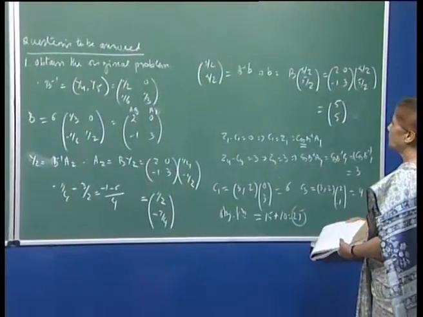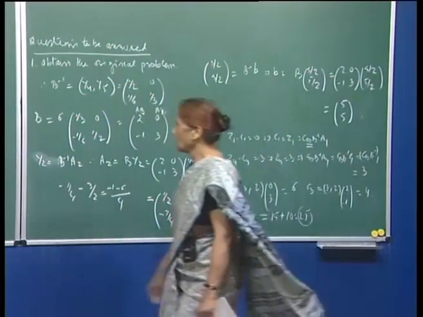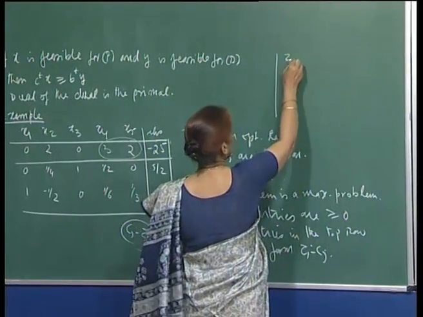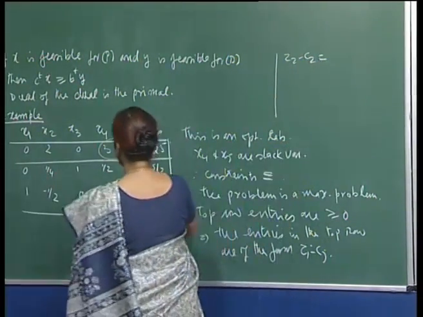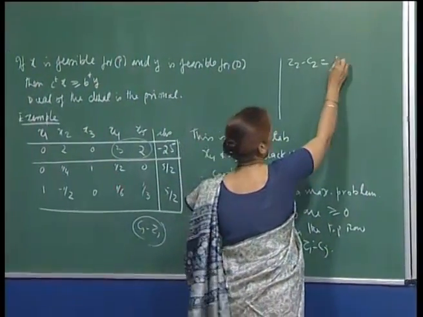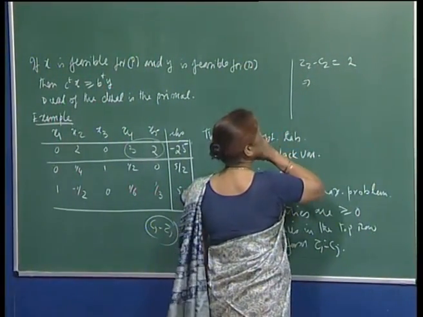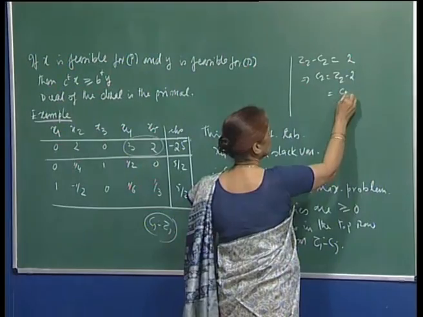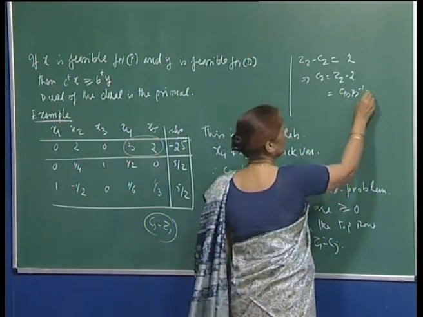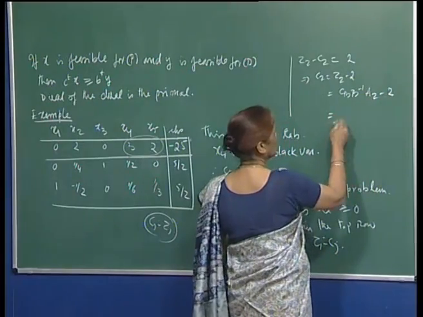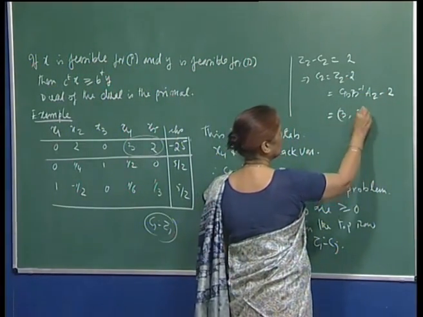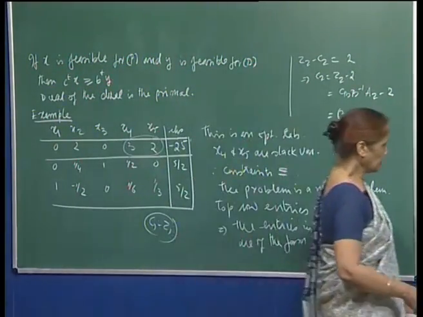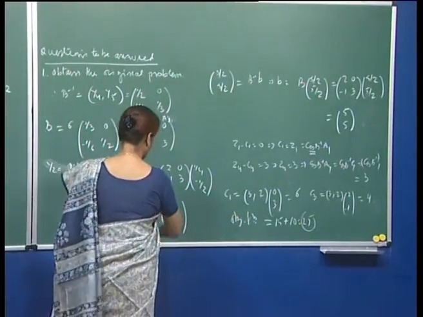Now you need to compute C2, right? We can use this part of the blackboard. Z2 minus C2 is given to you to be 2. So this implies that C2 is equal to Z2 minus 2, and Z2 is CB B inverse A2. CB B inverse is 3, 2, and A2 we have computed here somewhere: A2 is 1 by 2, minus 7 by 4.